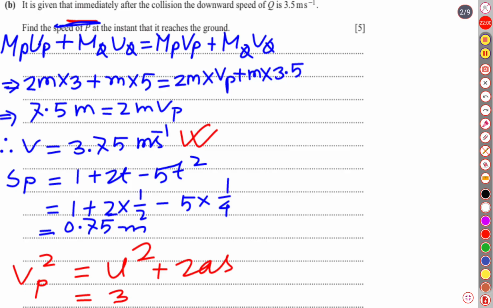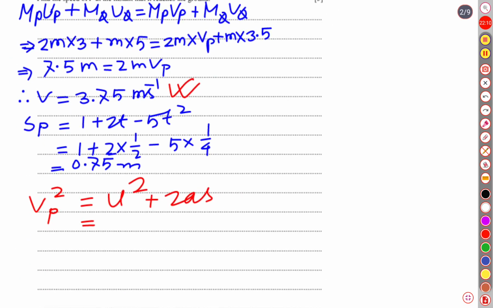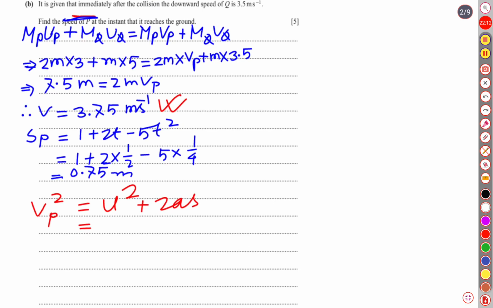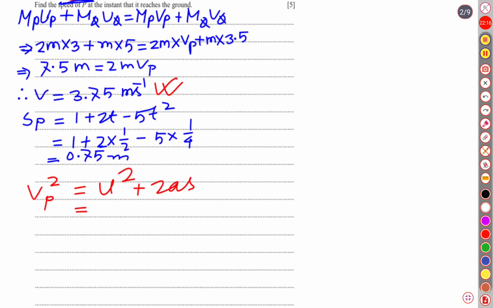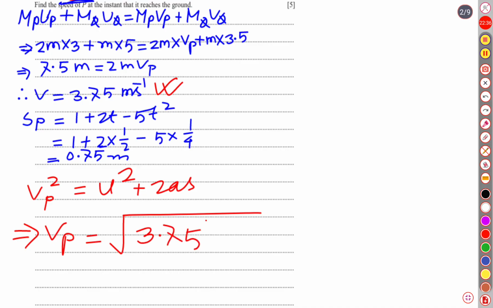So vp is equal to the square root of u square plus 2as. So u square, u was 3.75 square.